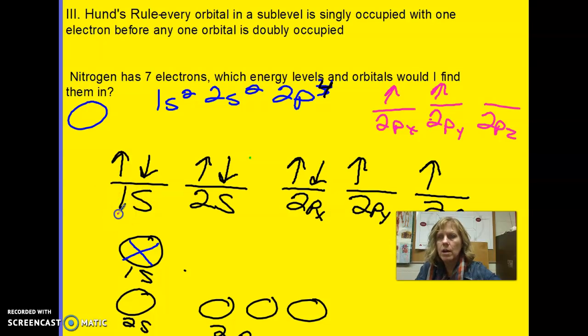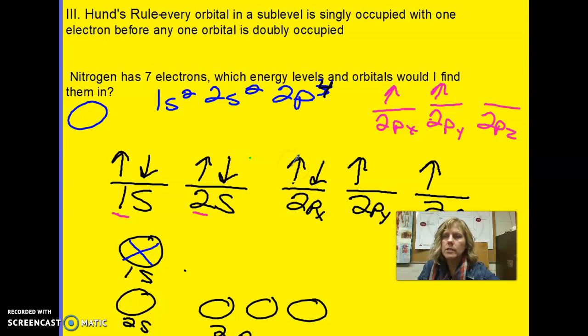First we fill the first energy level, the 1s. Then we fill the second energy level, which is 2s, and then 2p. But we have to break that 2p sublevel into 2px, 2py, and 2pz, those separate orbitals. And each of these has to have 1 electron, represented by the arrows.